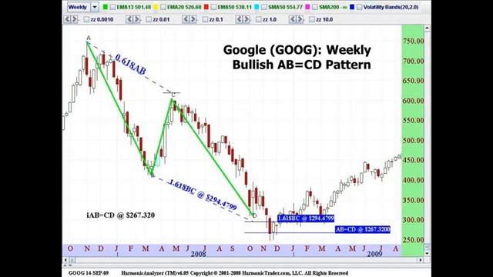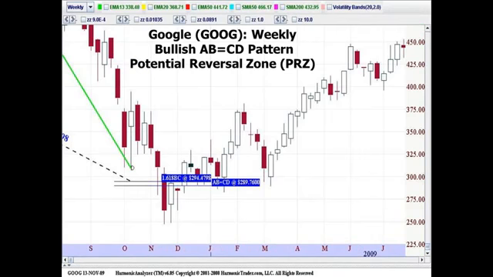This complemented the exact AB equals CD point, that is the 267.30 level, as the bottom range for the harmonic support. Again, for the ABCD pattern, this exact price level where the AB equals the CD leg is the most important number in the pattern completion.